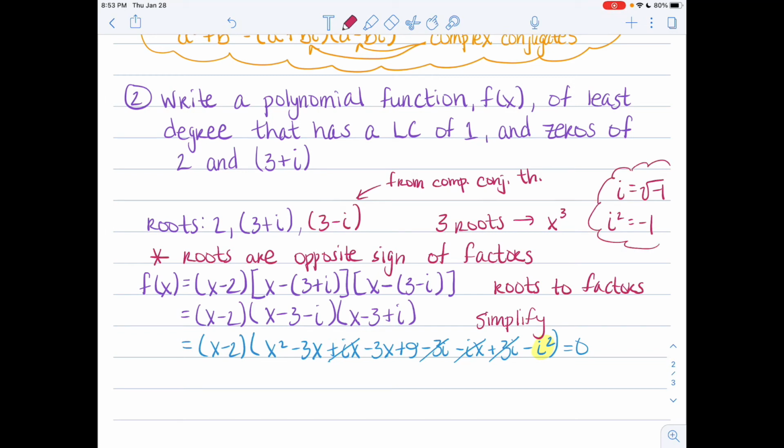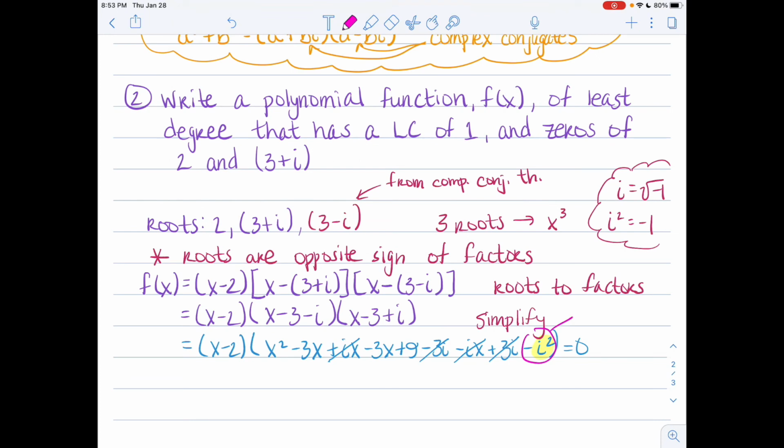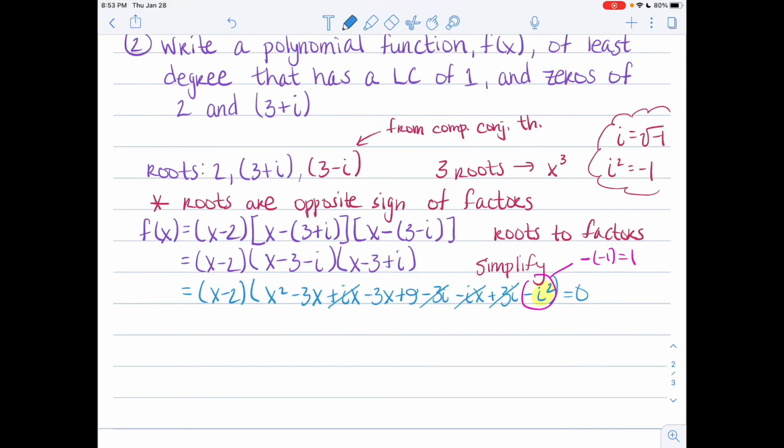And so what we're going to do is take this entire term, which is negative i squared, and simplify it. I have a negative sign built into the polynomial, but then I know that i squared is negative 1. So I have a negative of negative 1. That gives me a plus 1. So let's go ahead and take a look at what we have left. I have an x squared.